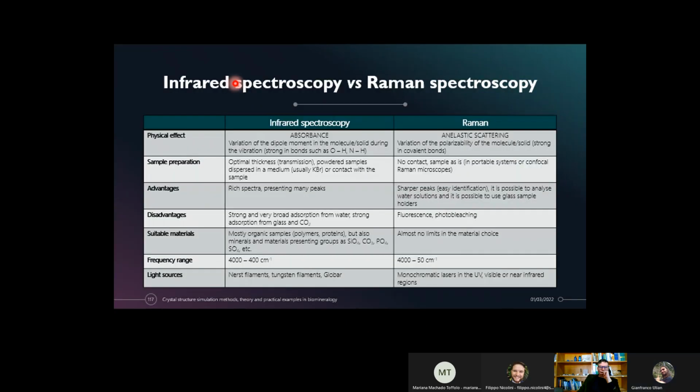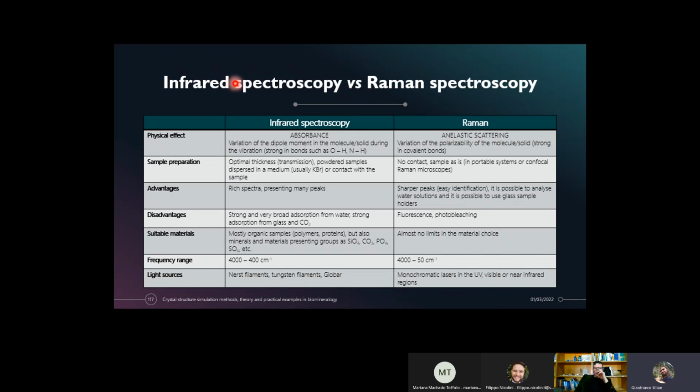Depends on the configuration. Typically, it is fixed. If I remember well, I'm not aware of instruments with movable detectors, if not custom-made systems. Commercial systems are more or less fixed, optimized for the best detection. In some cases, you can use polarized light.